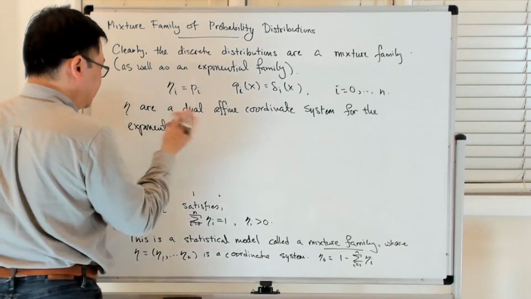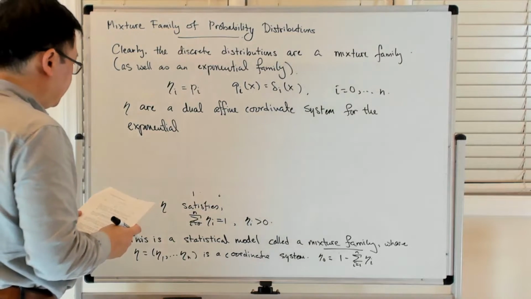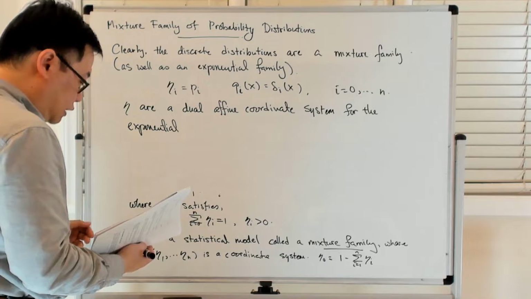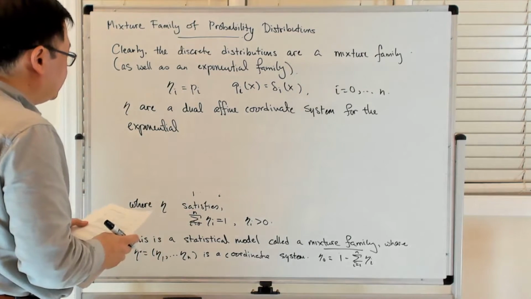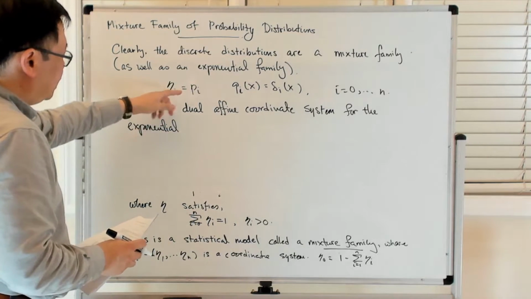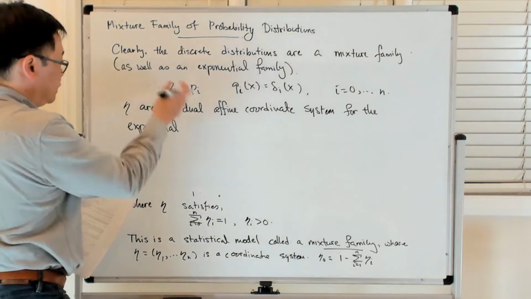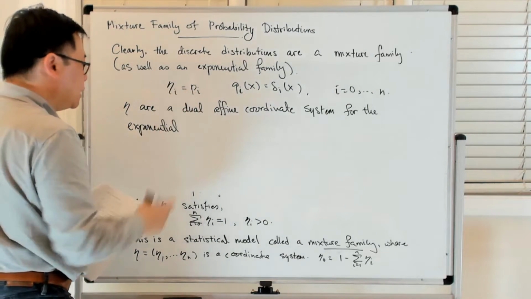We saw that before, in a sense, right? Before we used a different coordinate system, but we could just as easily have used the pi's. Before we had log of pi divided by p0, right? But it's clear that there's a one-to-one correspondence between that coordinate system and just the pi's as the coordinates.